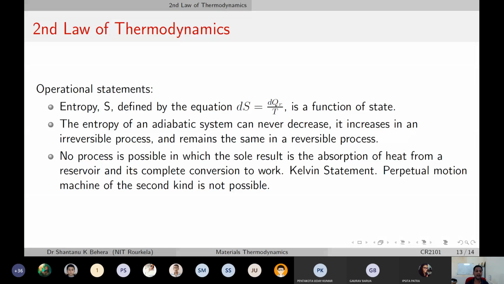Here it is said that you cannot completely convert the heat supplied to a system into work. You have to reject some heat somewhere, and that's the basis for the temperature scale, and the basis for finding the efficiency of a process, the efficiency of an engine. But that's a lot of mechanical engineering. We'll cover some of the aspects in the next class.